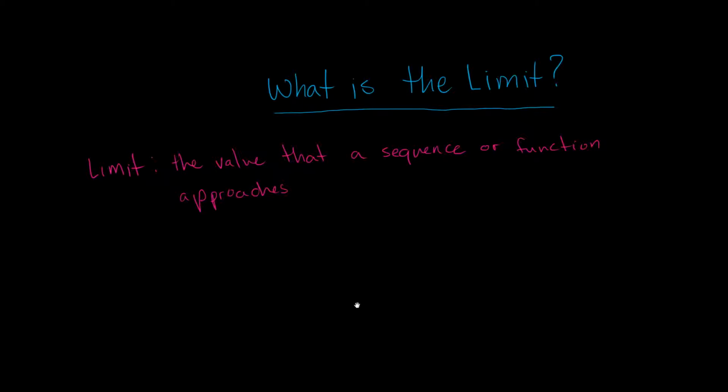So in order to help understand what it means to find the limit of something, we're going to work on a little example. The function f of x is equal to 4x plus 5, and I want to find what the limit is as x approaches 2.